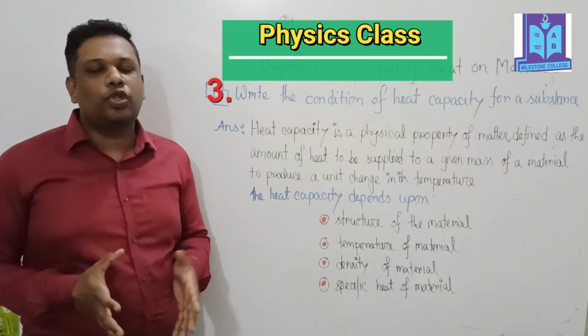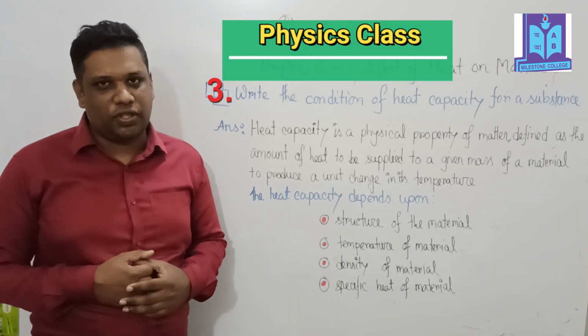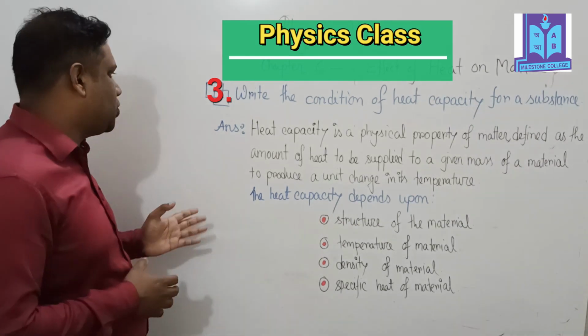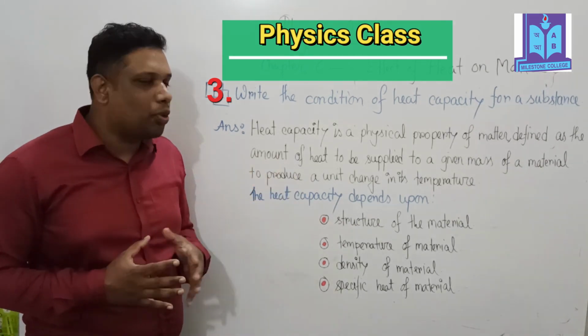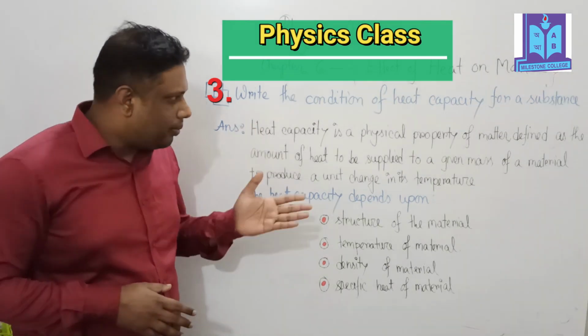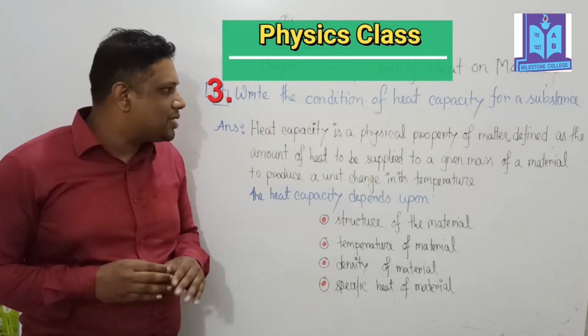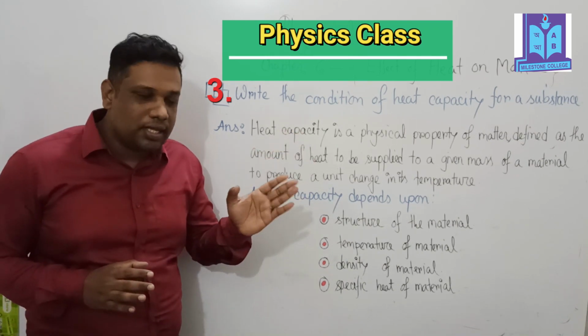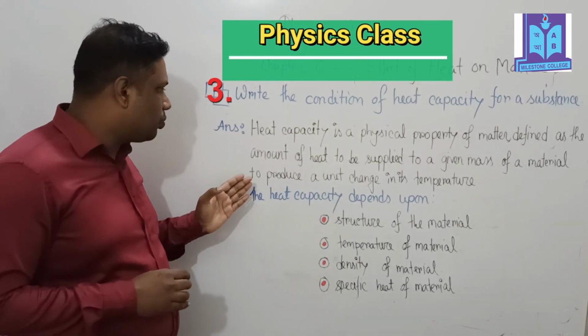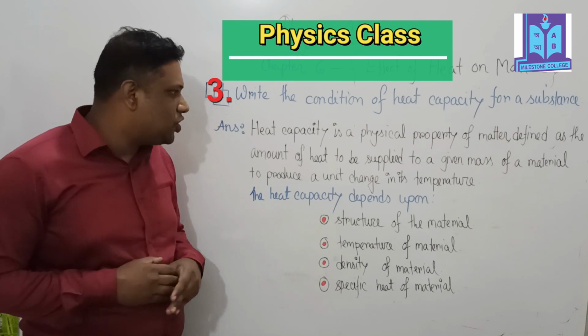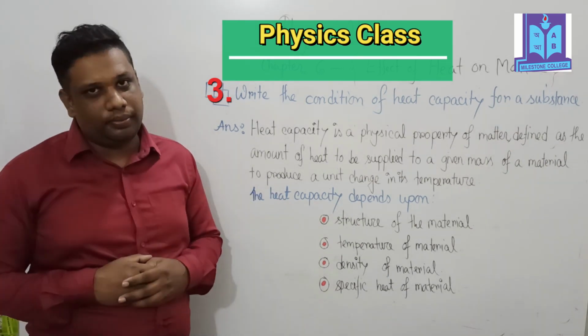Okay, first we have to know what heat capacity is. So here is the definition. Heat capacity is a physical property of matter defined as the amount of heat to be supplied to a given mass of a material to produce a unit change in its temperature.